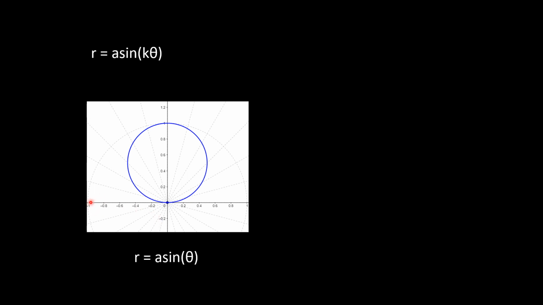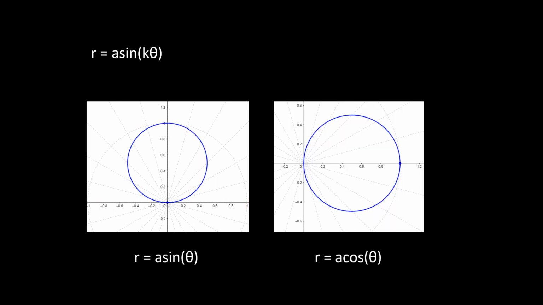For angles from 180 to 360, you will be getting a value of sine theta that is negative. So r is negative and it will be a point opposite to the terminal side, generating again the same points generated from 0 to 180. Now for r equal to a cosine theta, it will also be a circle, maximum when theta is 0.